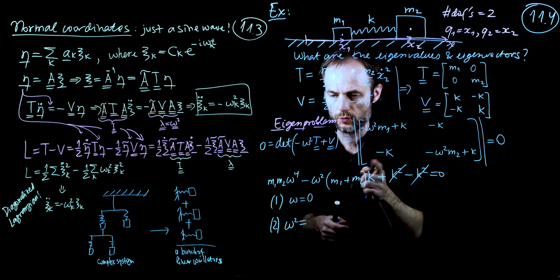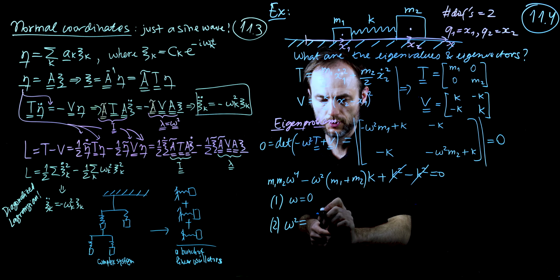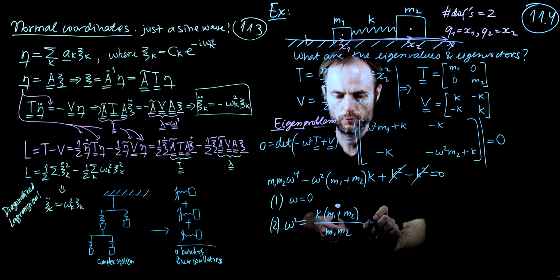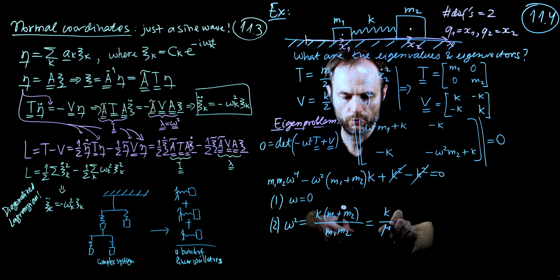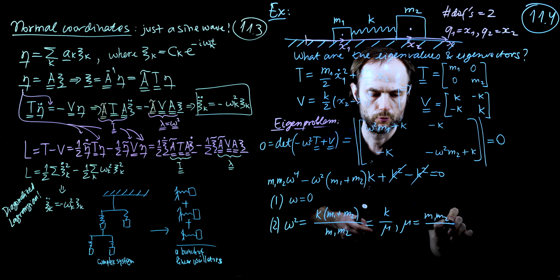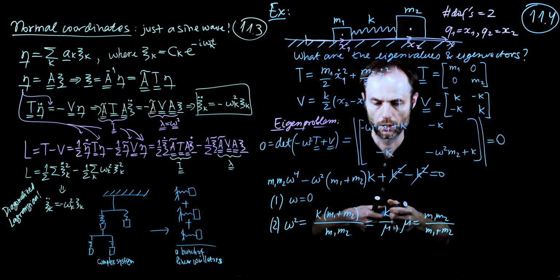One of the omega squareds we can remove, so we're going to get k times m1 plus m2 divided by m1 times m2. And this is the inverse of the reduced mass, so it will be k over mu, where mu is m1 m2 divided by m1 plus m2.